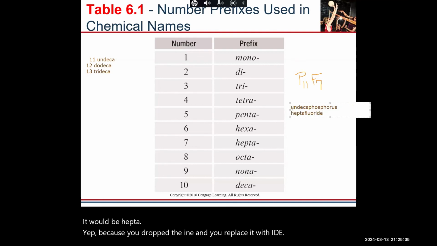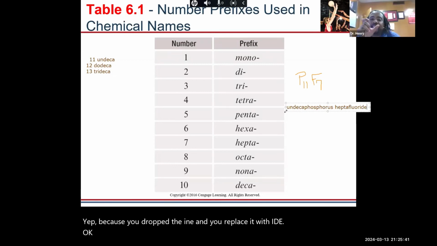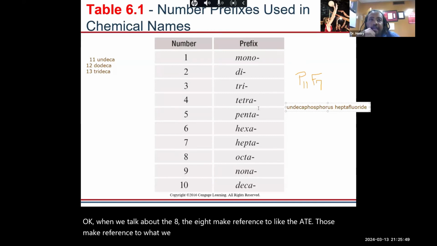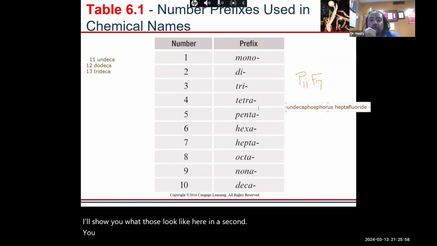How do you know when to replace it with IDE or ATE? When we talk about the ATEs, those make reference to what we call oxyanions. They have oxygen in them. I'll show you what those look like in a second, because we're going to pull up our polyatomic ion table.